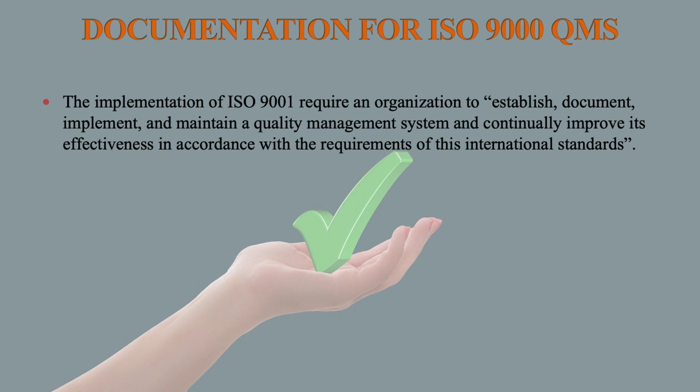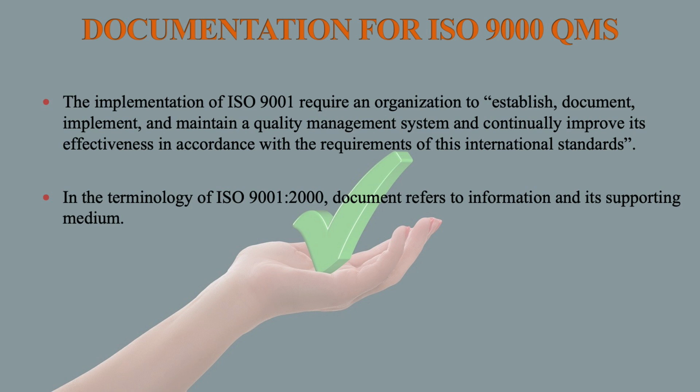Then documentation for the ISO 9000 quality management system. The implementation of ISO 9001 requires an organization to establish, document, implement and maintain a quality management system and continually improve its effectiveness in accordance with the requirements of the international standard. In the terminology of ISO 9001:2000, document refers to information and its supporting medium. So for any ISO 9000 implementation, there is a need to establish, document, implement and maintain a quality management system.